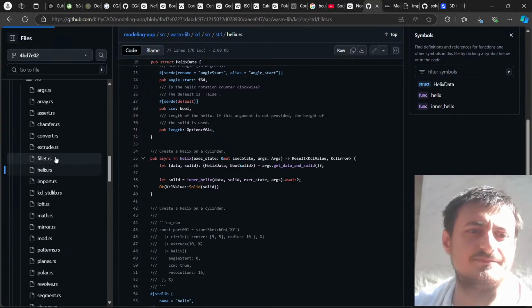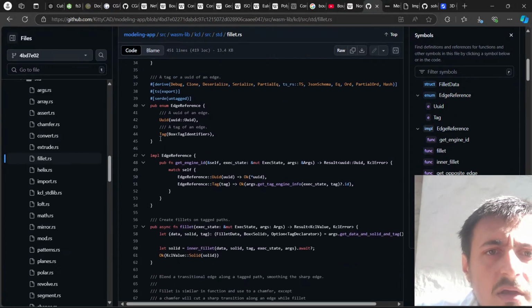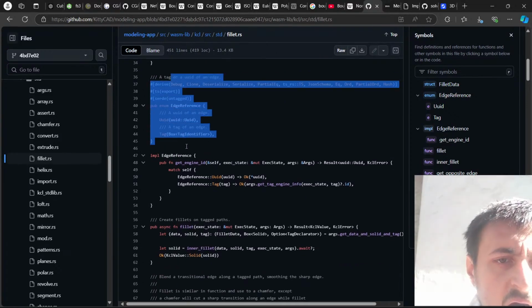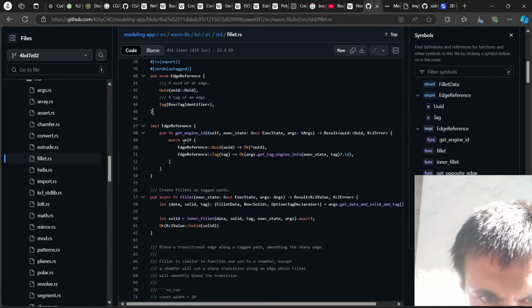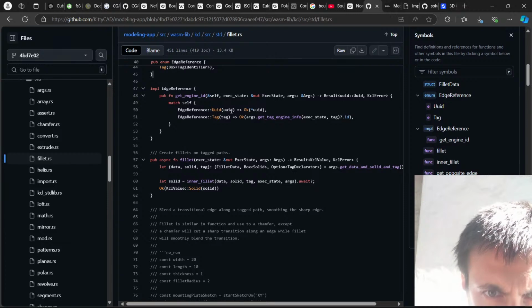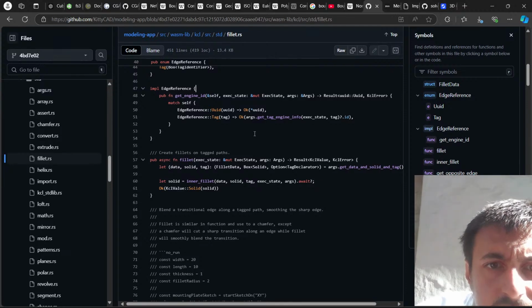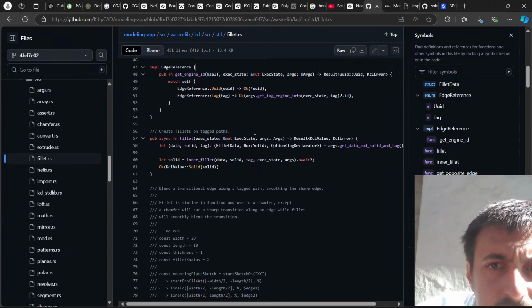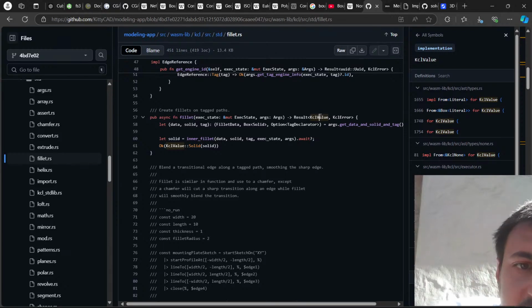Let's get fill it. You get a KCL value. This is presumably like an export or something.